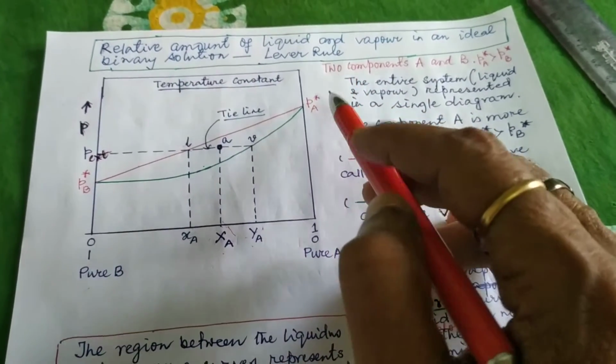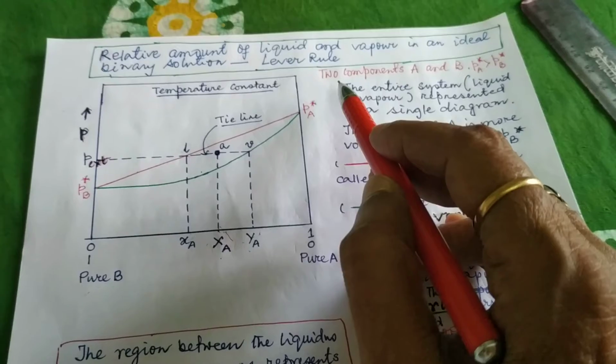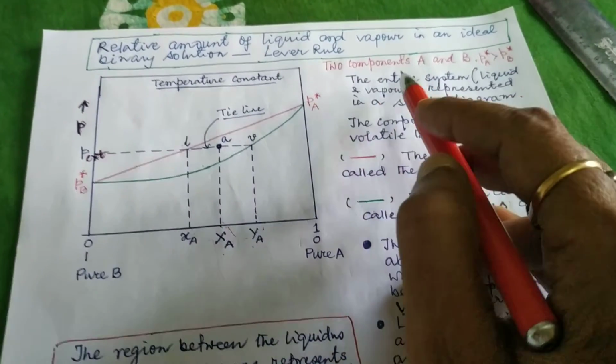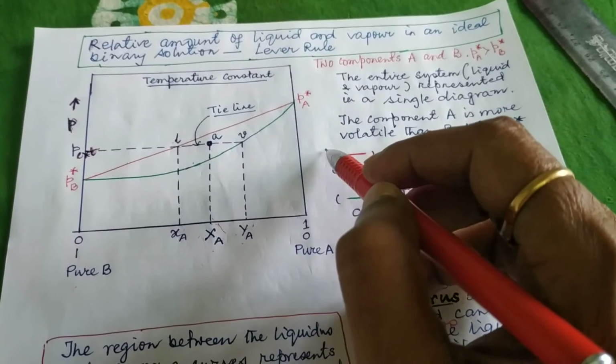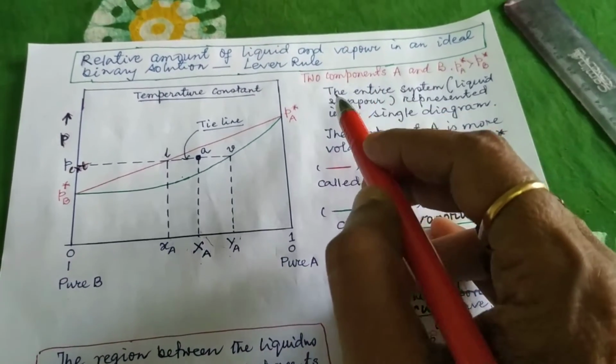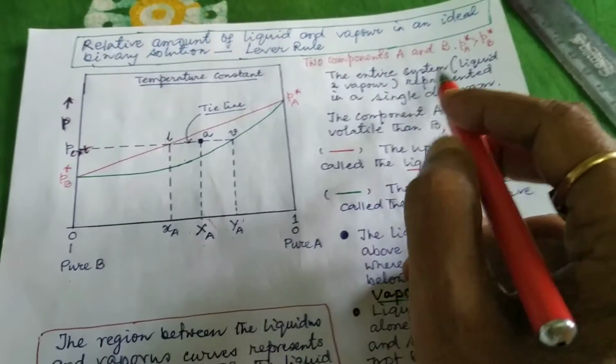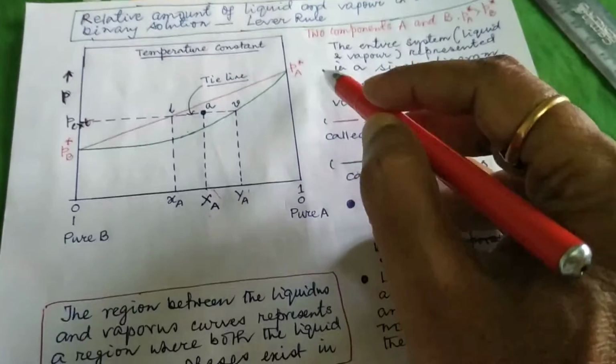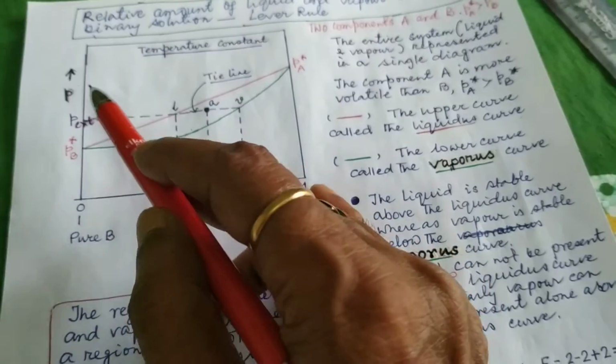Now, let us consider an ideal binary solution of two components, A and B. The entire system, liquid and vapor, is represented in a single diagram.